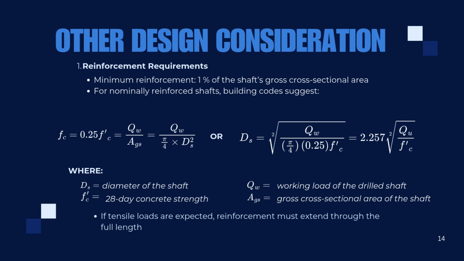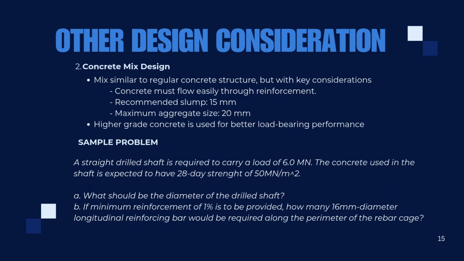In addition, if tensile forces are anticipated, the reinforcement cage must extend throughout the full length of the shaft to ensure structural integrity. The other design consideration is the concrete mix design. The concrete used is similar to regular structural concrete, but it must meet specific requirements. First, the concrete should be flowable, meaning it can easily pass through the reinforcement.